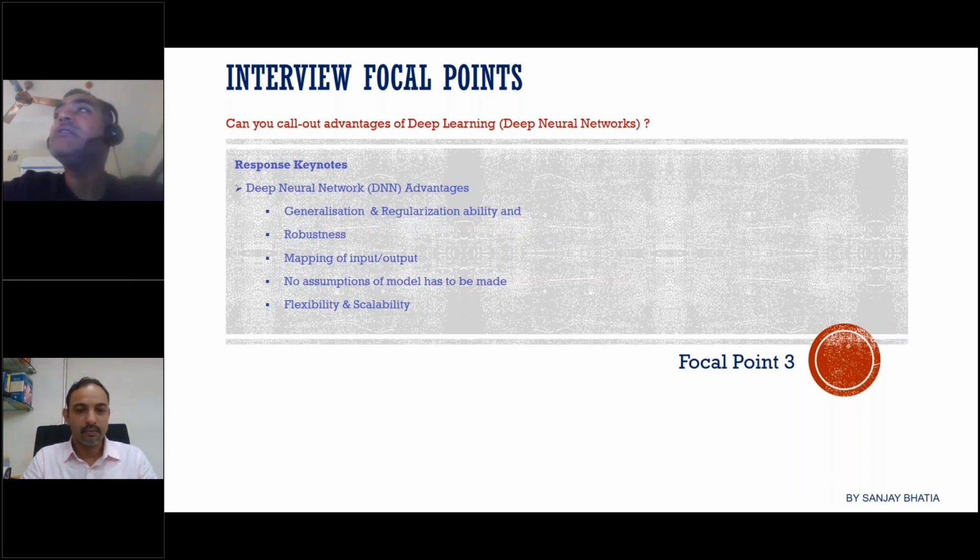Another advantage of neural networks is that they map the input to the output very well. Whatever your inputs are in your model, some intrinsic or extraneous factors like inflation, housing price index, wholesale price index, or interest rates, it maps those inputs to your output.